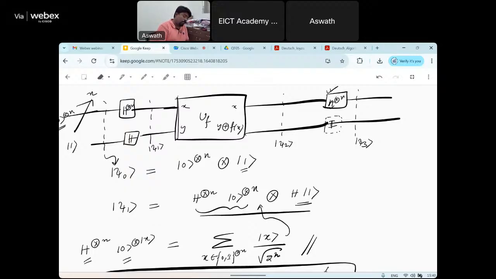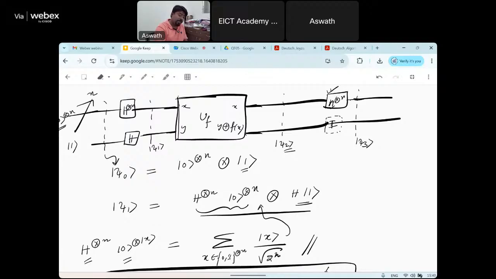Now Bob has an ancilla state, feeds that through the Hadamard gate to the unitary function he has with him, and he gets a result, psi2. Or you can say whatever psi2 he gets, he shares with Alice.